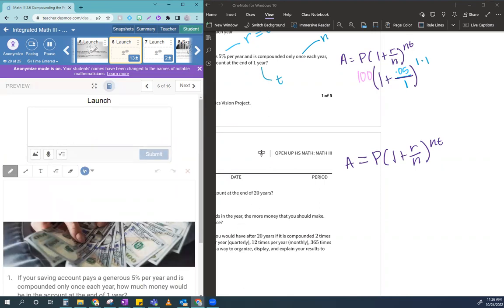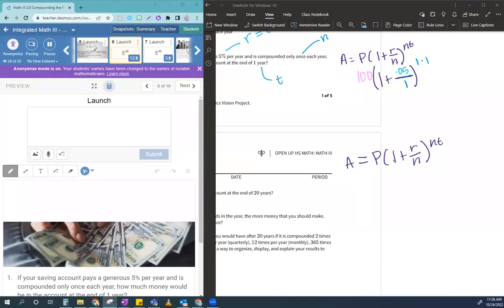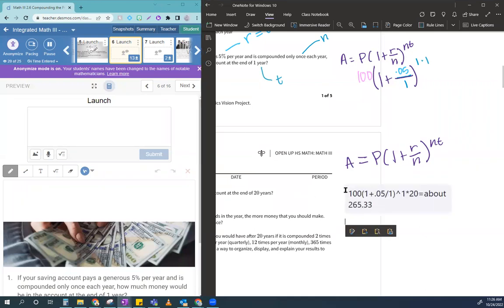So I'm just going to snip this because it makes my life a little easier. Here it is. This is what one of your classmates says: 100 times (1 plus 0.05 divided by 1) to the 1 times 20. Perfect.